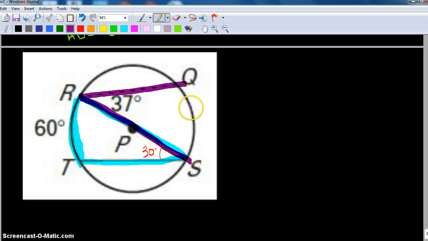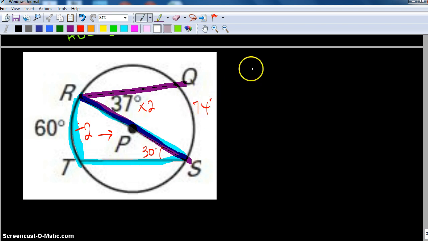So this arc belongs with that 37 degrees. They belong together. This is on the inside. To go outside, you have to multiply. Over here we divided by 2 to go in. Here to go out, we're going to times 2. Alright, so 37 times 2, or double 37, which is 74 degrees.